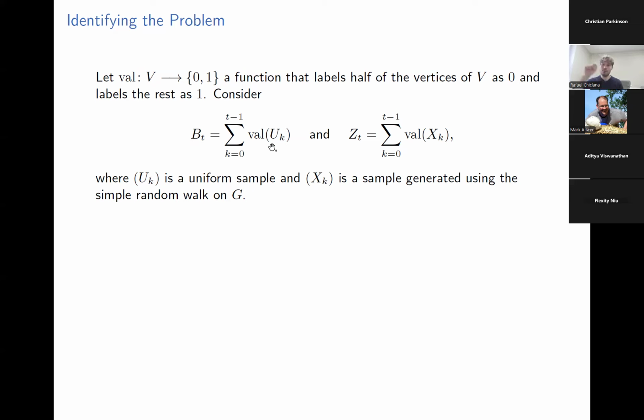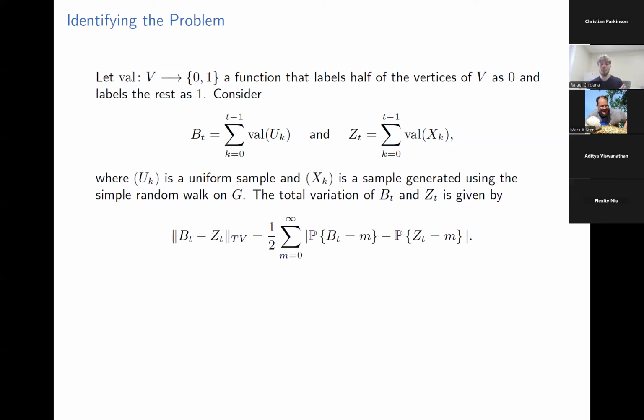So it's picking uniformly distributed independent vertices. Then consider their labels, 0 or 1, and add all of them. If your sample has size t, you add those t zeros and ones. And Z_t will be the exact same thing, but instead of considering the uniform sample, I will consider the sample generated by a simple random walk. So this is the sum of the labels.